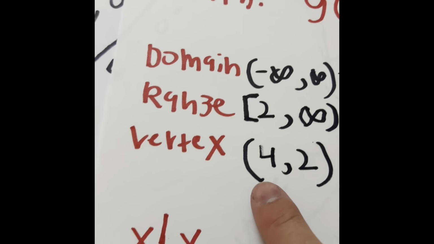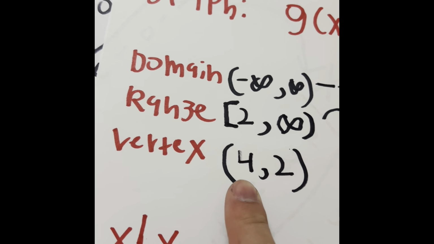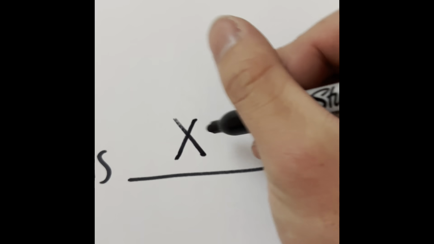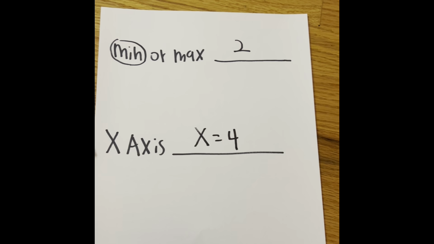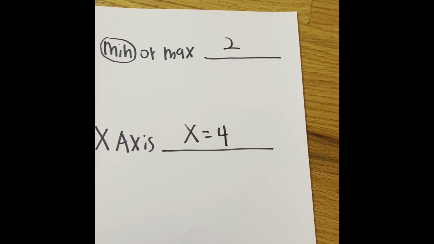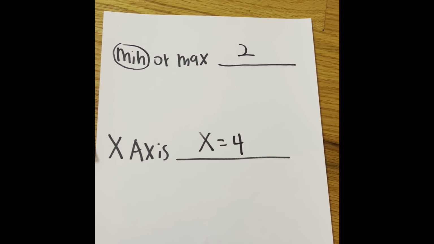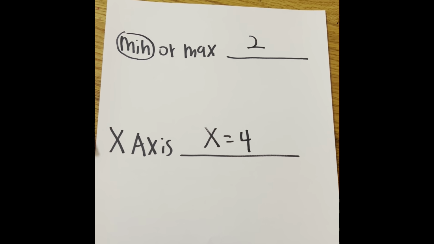So if you look over here, the vertex can actually help us and cheat it all out. So x equals 4 is going to be our axis of symmetry. So that is going to be the 2 extra things that your math teacher might want you to know for your next math test.